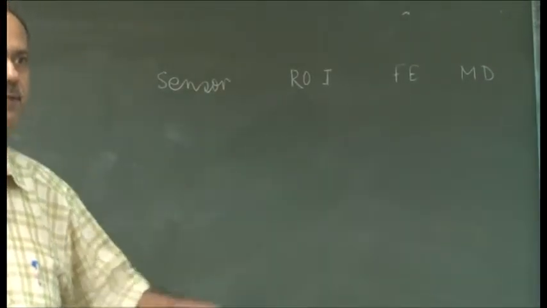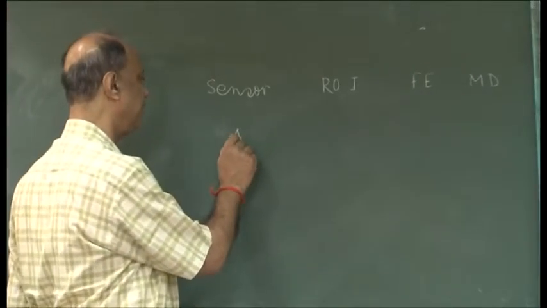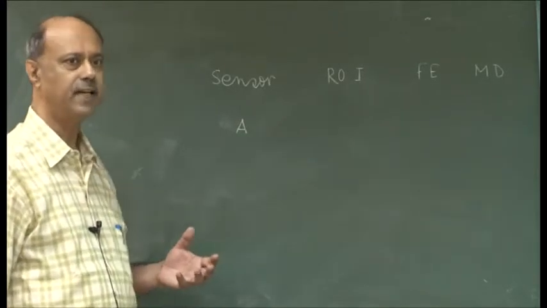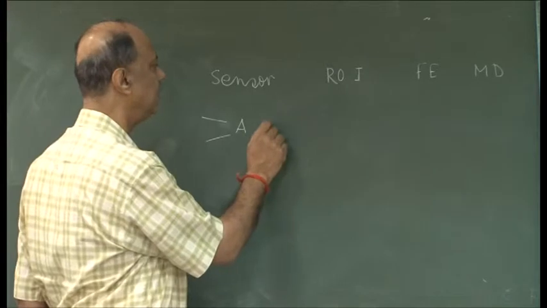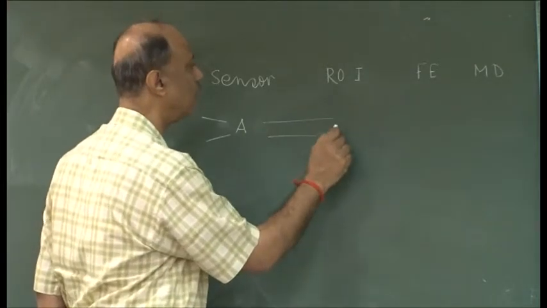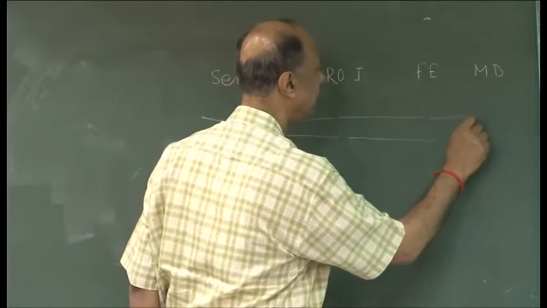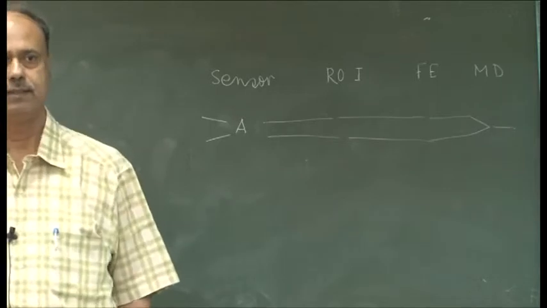This is the pipeline you have. Now, I have a sensor A and a subject has come. On the same sensor he has given the data, he will get the ROI, features will be extracted, and finally matching will be there, right.